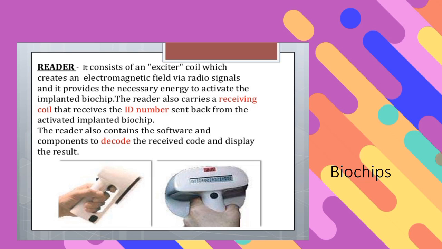Third, it also has the software. As I discussed in the earlier lecture, that software is responsible for decoding the identification number, that is the received code from the computer microchip in the transponder. It will convert this identification number into the digital format, and that will display our result.